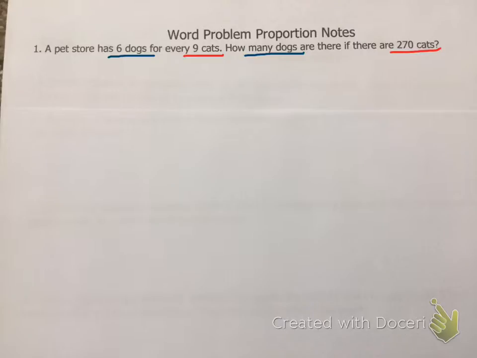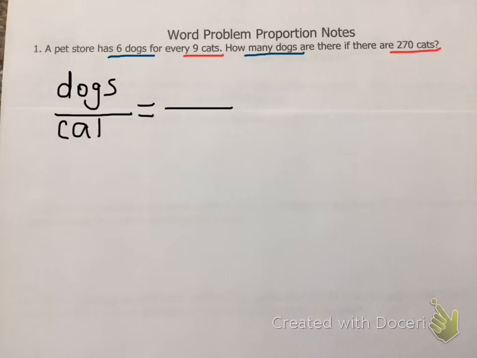So in this word problem, we're going to write a proportion. So blank over blank equals blank over blank. I like to write my word proportion in words first. We want to have dogs over cats equals dogs over cats.